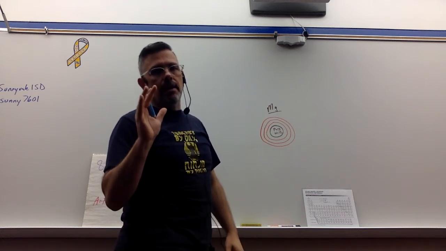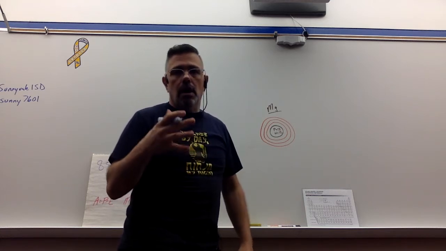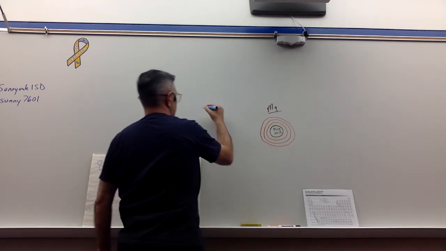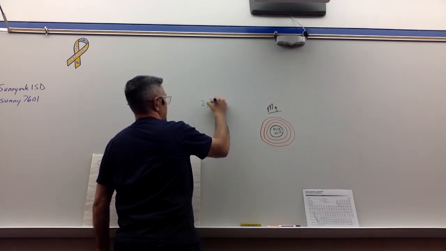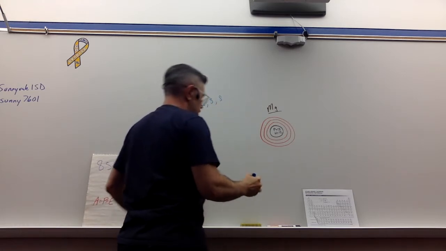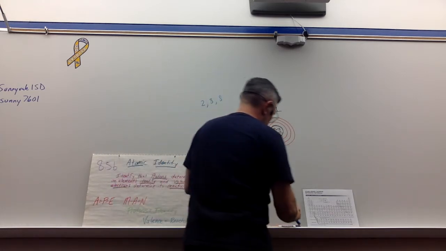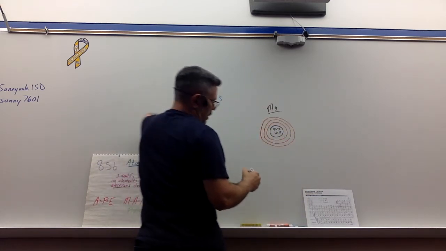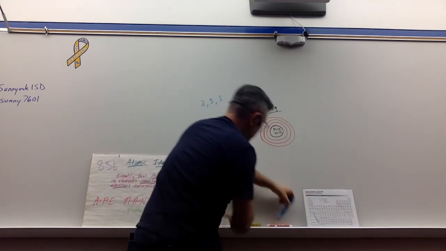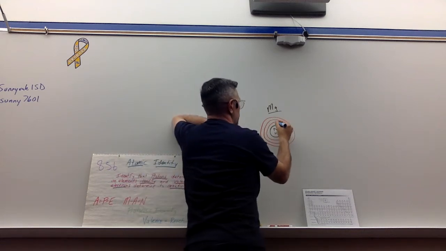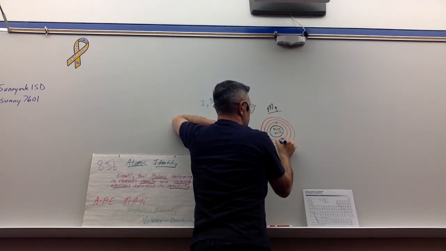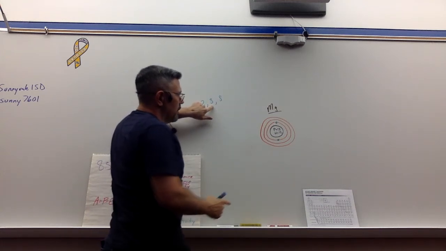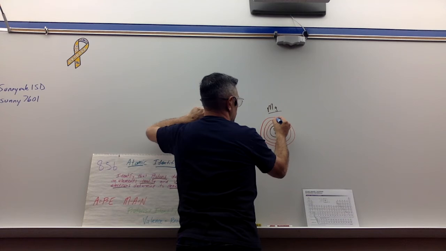I'll be doing a video on breaking down the periodic table. This is just to give you some information. So 2-8-8: what that means is the first two electrons are going to go in the first orbital. The first orbital cannot hold any more electrons, so up to 8 need to go in the second orbital.